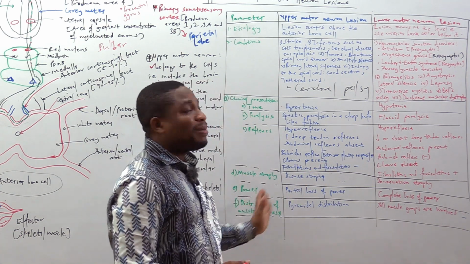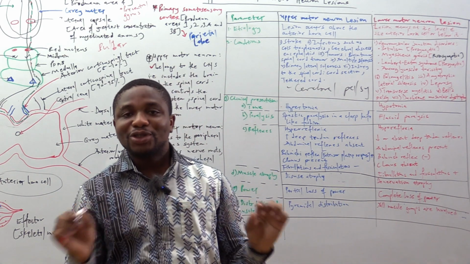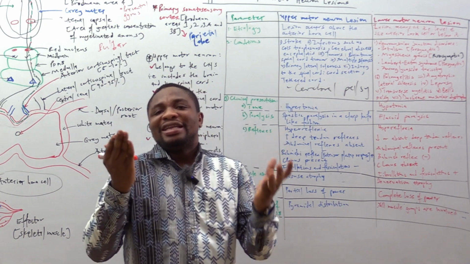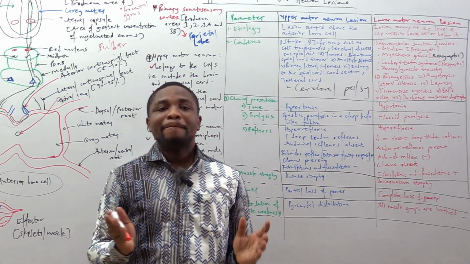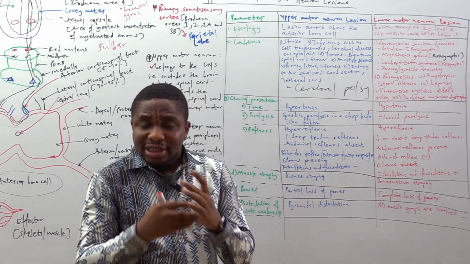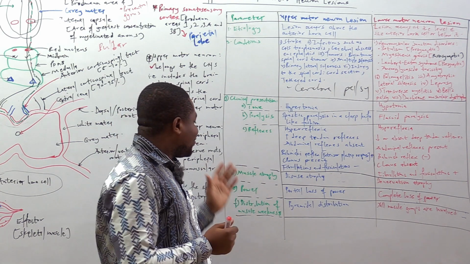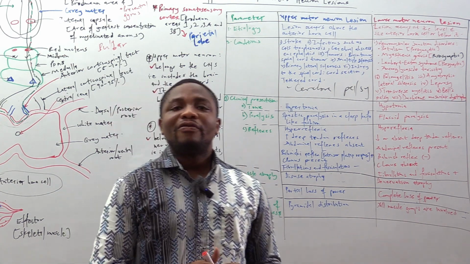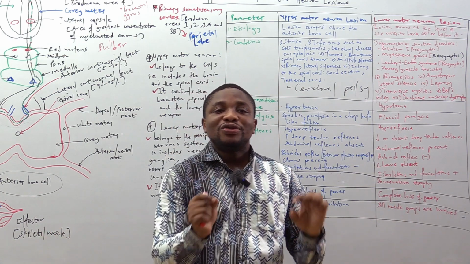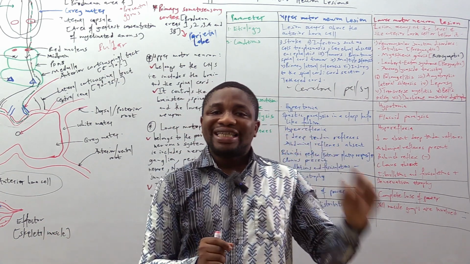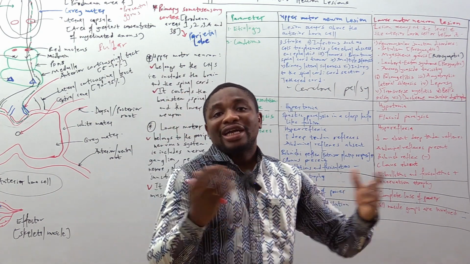The next category is power. For the upper motor neuron lesion, there is going to be partial loss of power because controlled conduction is no longer there. But for the lower motor neuron lesion, since the nerve supply is cut off, there is complete loss of power. Then finally, distribution of muscle weakness. For the upper motor neuron lesions, the distribution will follow a pyramidal pattern. And what does that mean?